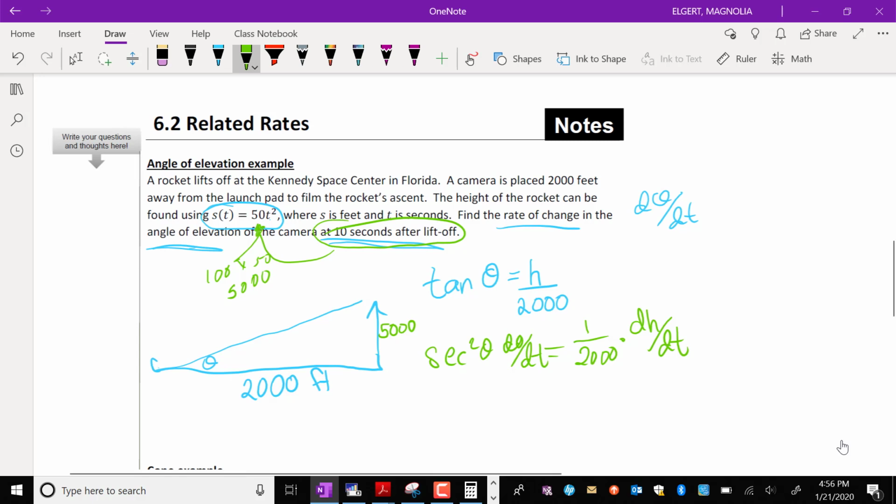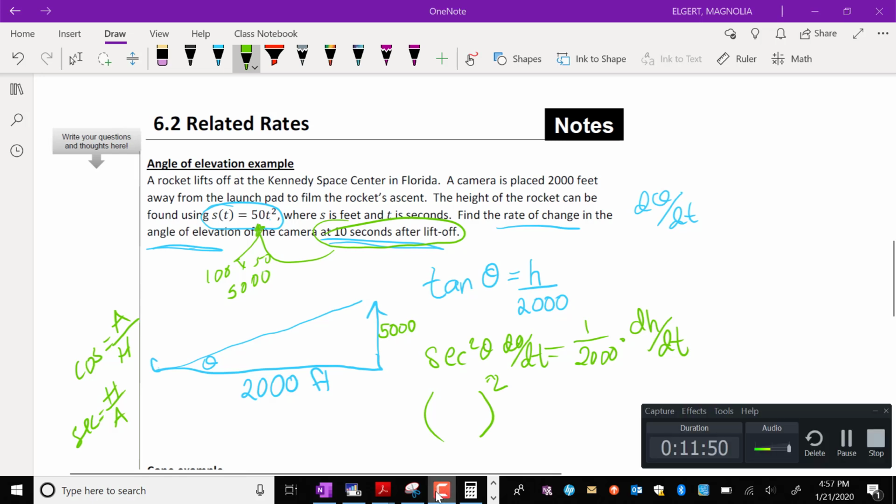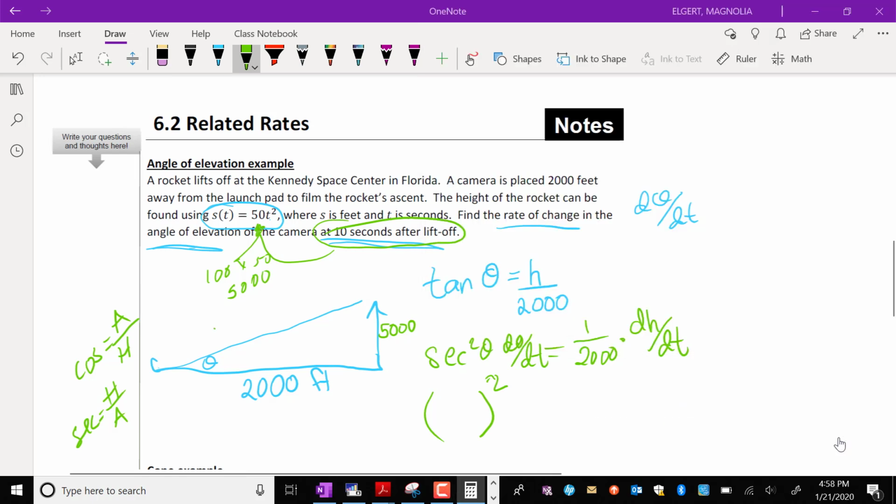All right. So now we need secant. Remember, secant is just a ratio. Secant is the reciprocal of cosine, and cosine is adjacent over hypotenuse. So that means the secant would just be the hypotenuse over the adjacent. In order to get a number for secant, a fraction squared, we need the hypotenuse. So to do that, you're going to use the Pythagorean theorem. That gives me 5385.16 as the hypotenuse.